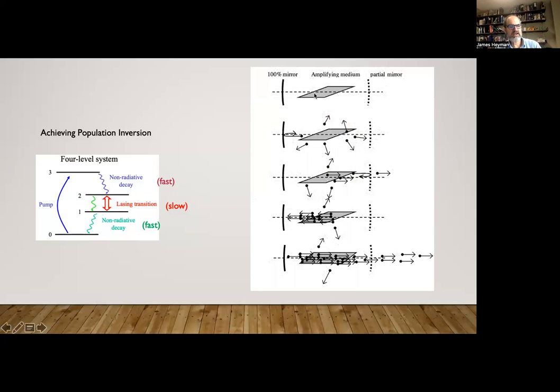Here's a very bad cartoon picture of what might happen then. So we set this up, we start pumping our amplified medium, and then the following happens. Initially, the light intensity in the laser is low, so the only process that happens is spontaneous emission, or fluorescence. Photons are going off in all the random directions, but occasionally one goes in the direction such that it will hit this mirror and go back through the amplifying medium.